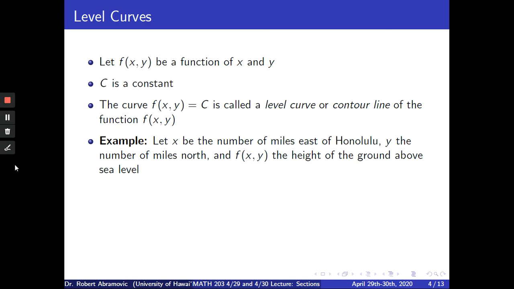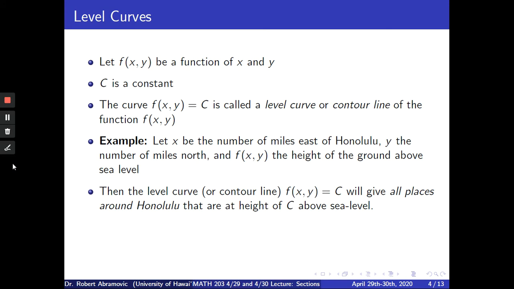Let x be the number of miles east of Honolulu, y the number of miles north, as before. f of x comma y is the height above sea level. And the level curve, or contour line, will give all places around Honolulu that are of a height c above sea level.